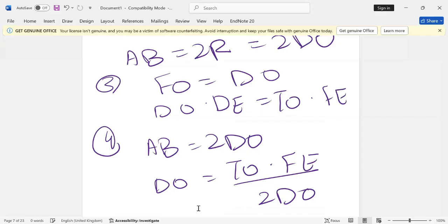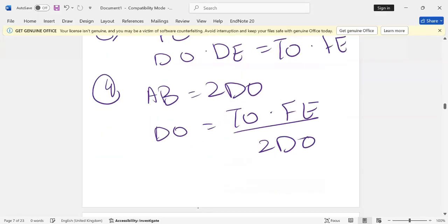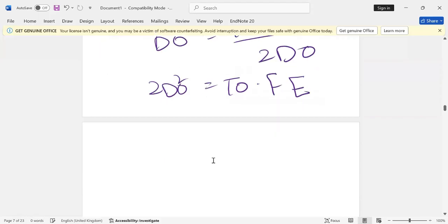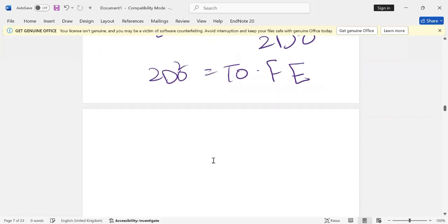Now we have 2DO squared equals 2TO dot FE. So this contradicts the similarity result DO dot DE equals TO dot FE unless we have DE equals 2DO equals AB.